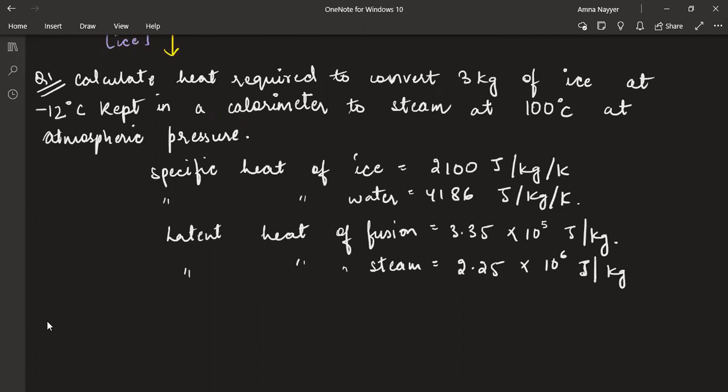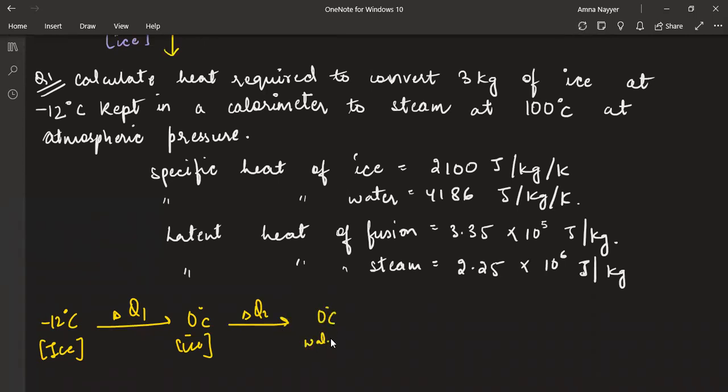Let me draw that. You have minus 12 degrees Celsius. This is ice with you. Let's say initially Q1 is given. This gets converted to ice at 0 degrees Celsius. Now again some heat is given at 0 degrees Celsius, then water, delta Q3.